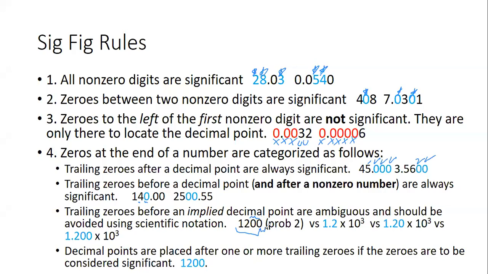But there is no decimal point there. So it's ambiguous to a scientific reader if the zeros are significant. To get around this, we will use scientific notation. So let's say this 1200 actually has just 2 significant figures, all right? The way you would write it is 1.2 times 10 to the 3.